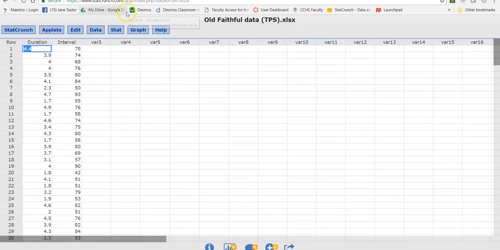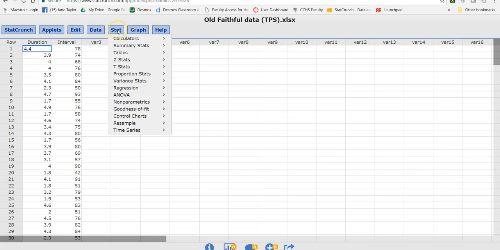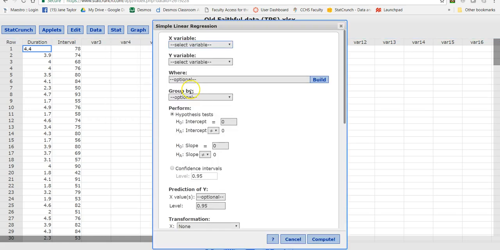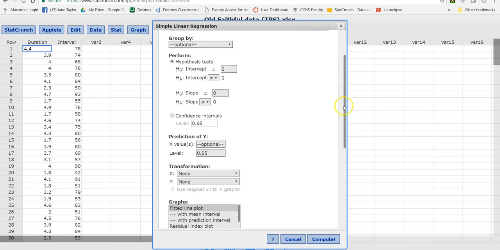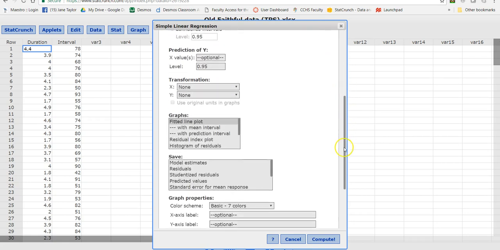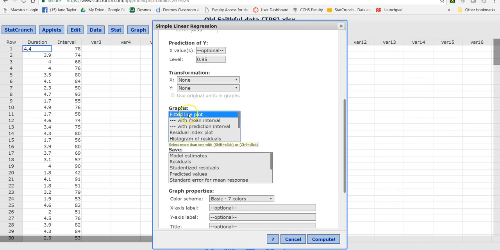Okay, so I have all this data here, and now I want to do a regression. So go to Regression, Simple Linear Regression, and I select duration as my x variable and interval as my y variable, and I want to make a fitted line and residual plot, residuals versus x values.